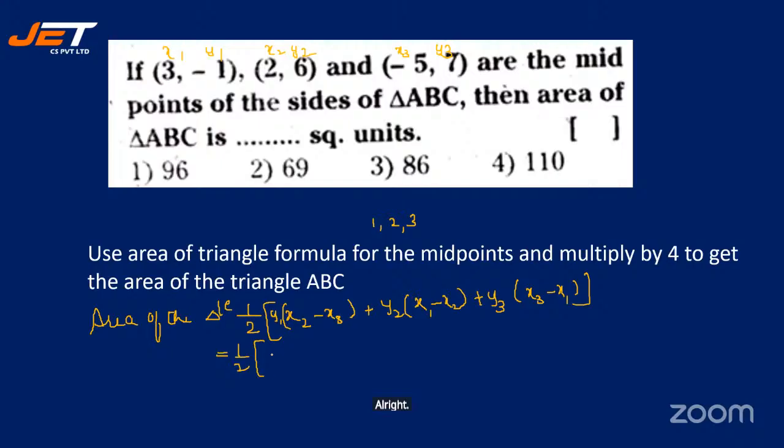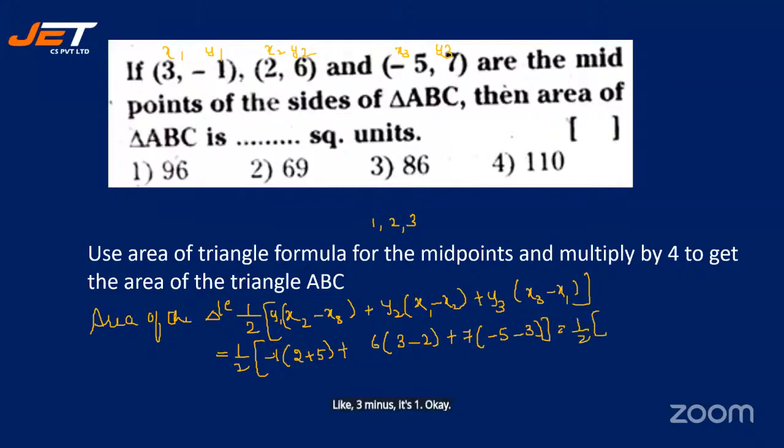Half into what is y1? It is minus 1 into x2, which is 2 minus x3, plus what is y2? 6 into x1, which is 3 minus x2, plus what is y3? 7 into x3 minus x1. Okay.